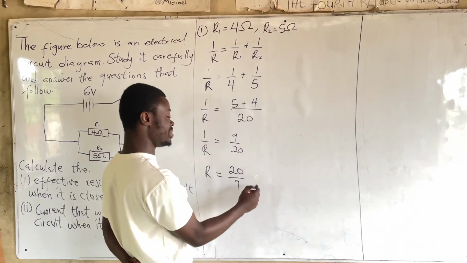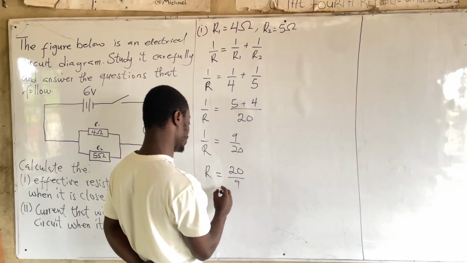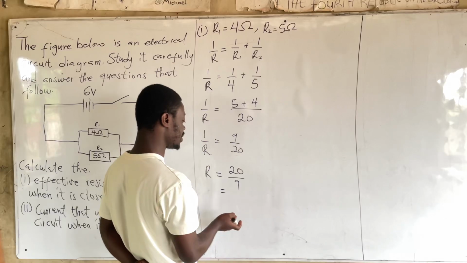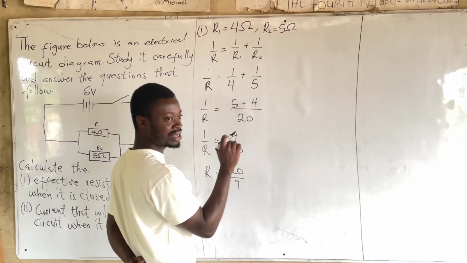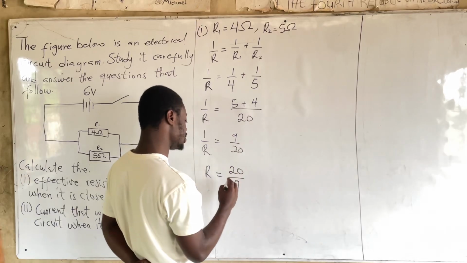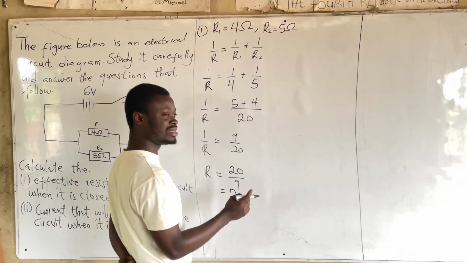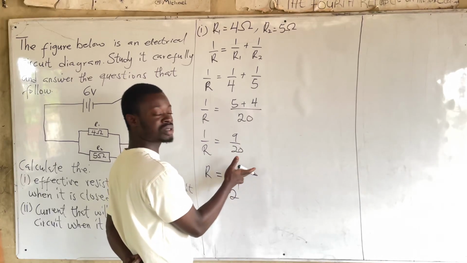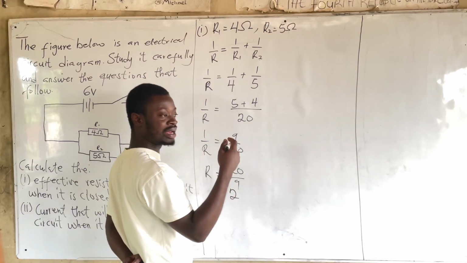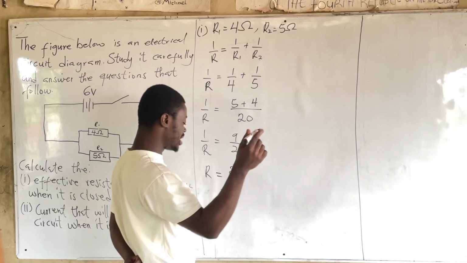Or you can change it to a mixed number. 9 goes into 20 2 times. That is 9 times 2, 18. So 2 times remainder: 18, and then 19, 20, so remainder 2.